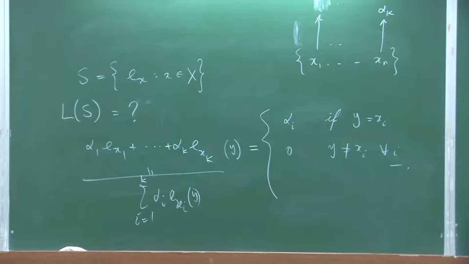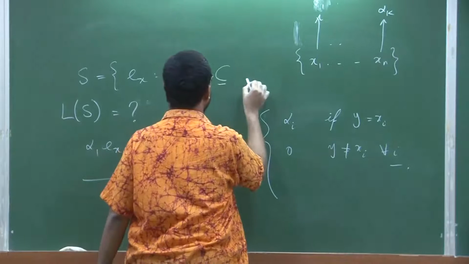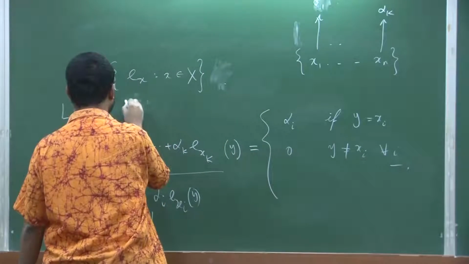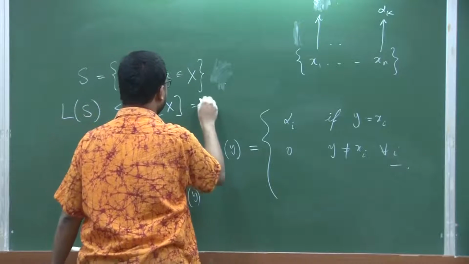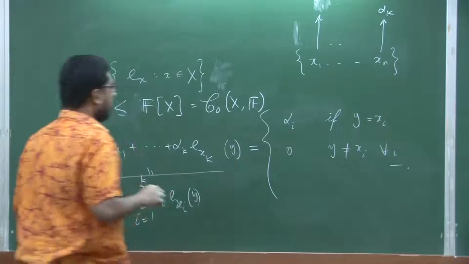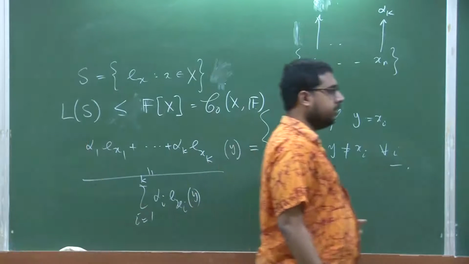That means the linear span is certainly contained inside F of X, or in a different notation C0(X, F), because any such function vanishes identically outside a finite set.